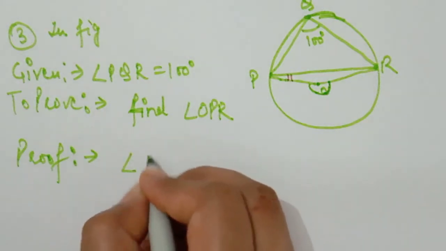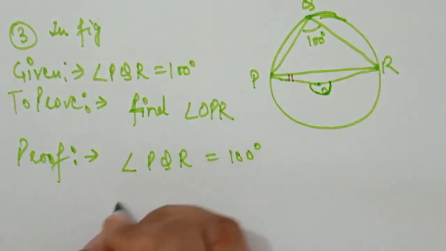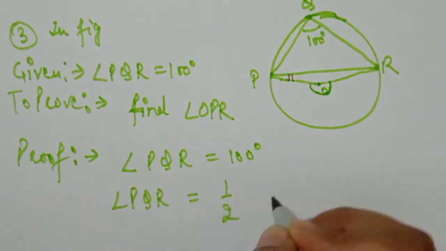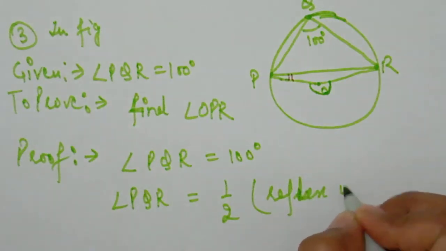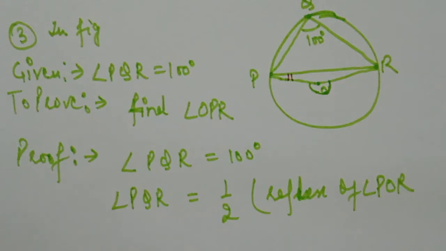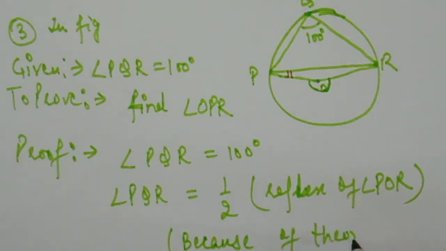Angle PQR is equal to 100 degree. Given, angle PQR is equal to half of reflex of angle POR, because of theorem 10.8.